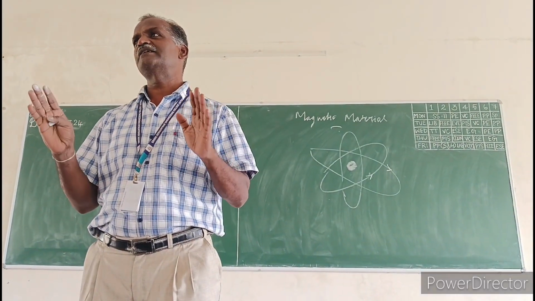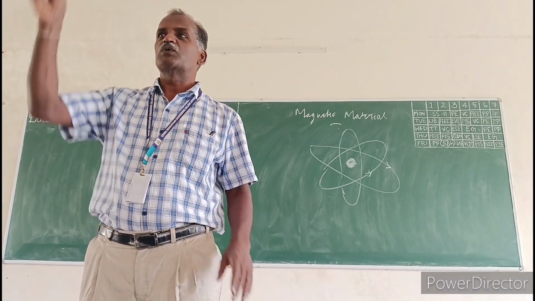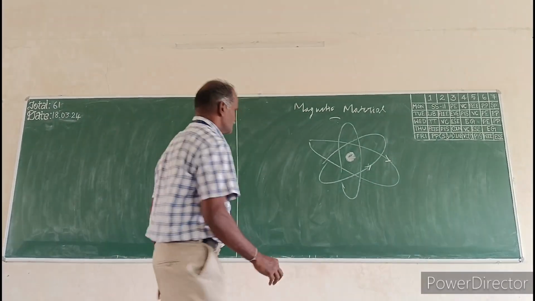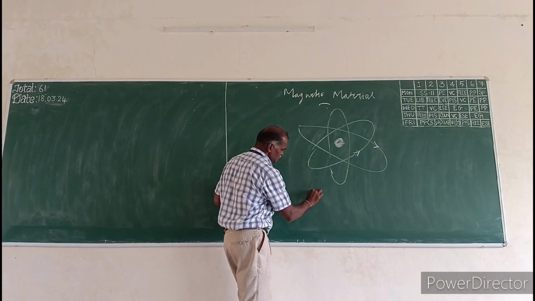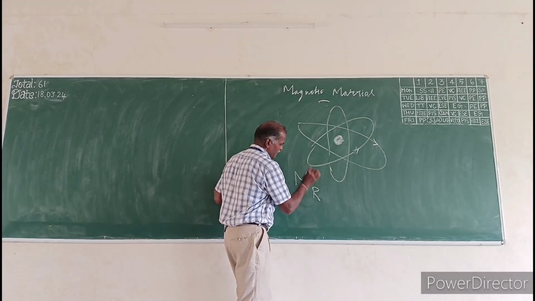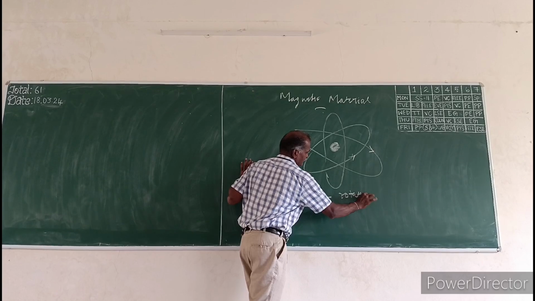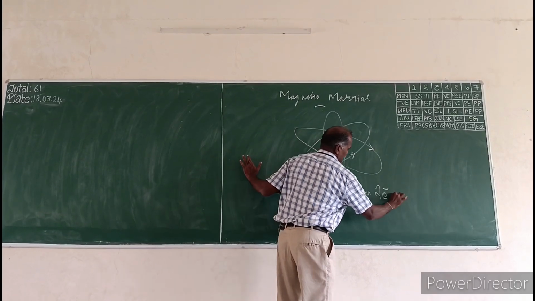The net resultant magnetic moment due to the rotational motions of electrons cancels. So you can write: resultant magnetic moment due to rotations of electrons is 0.